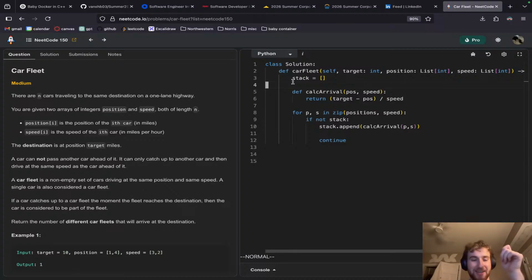But if we don't, it is, because then we have to do additional checks. Because we want them to start at the farthest point.